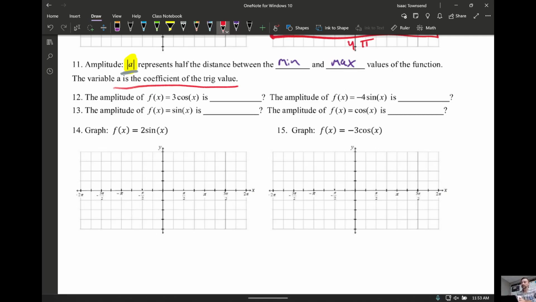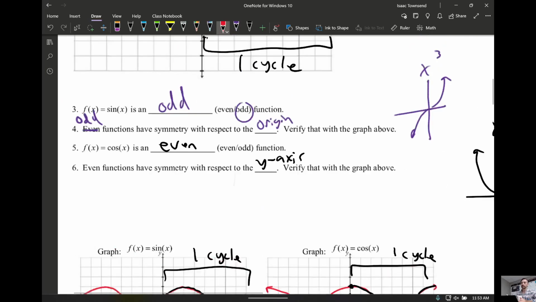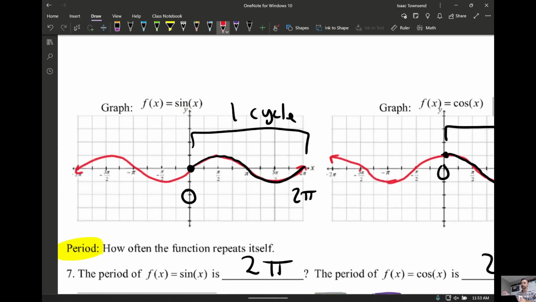So let's answer question 13 first, but I'm going to scroll up to look at our graphs up here. The sine graph has a max of 1 and a min of negative 1. So the distance between min and max is 2, but amplitude is half of that. So from a graph you can measure it, or it's the absolute value of the number being multiplied by the trig function.